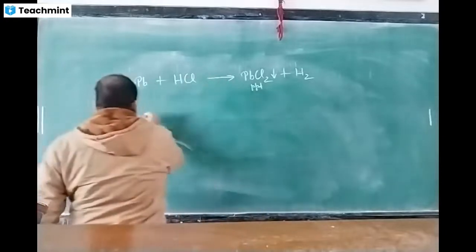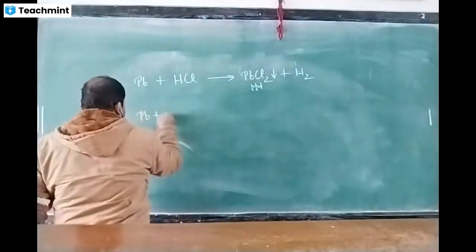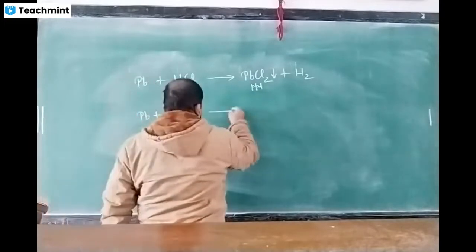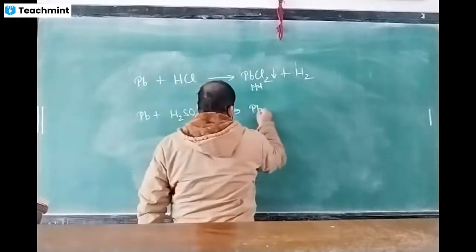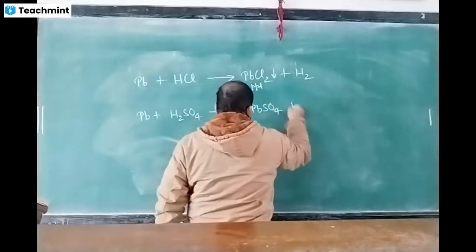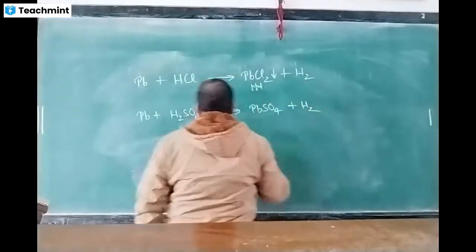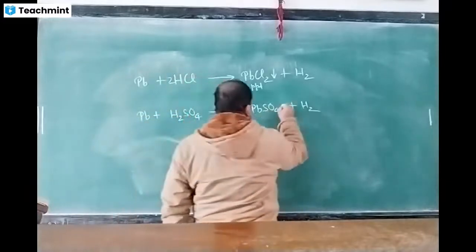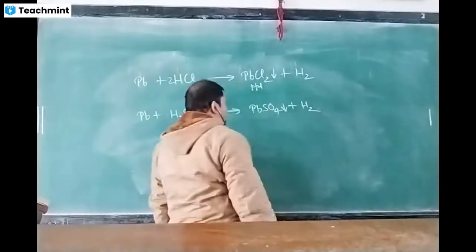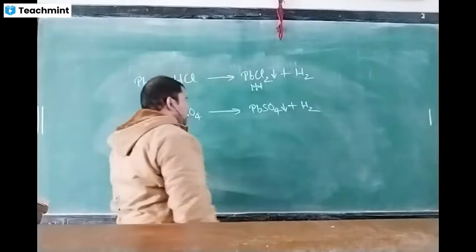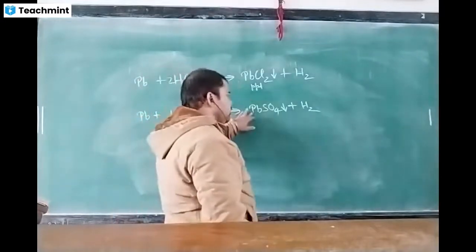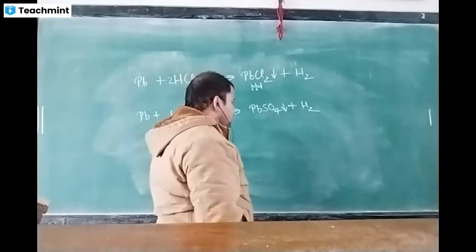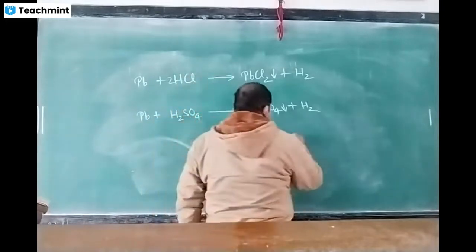In the same manner, when lead reacts with H2SO4, we get PbSO4 plus hydrogen gas. PbSO4 is also a precipitate, an insoluble solid material of white color. PbCl2 and PbSO4 are white precipitates, insoluble solid materials.